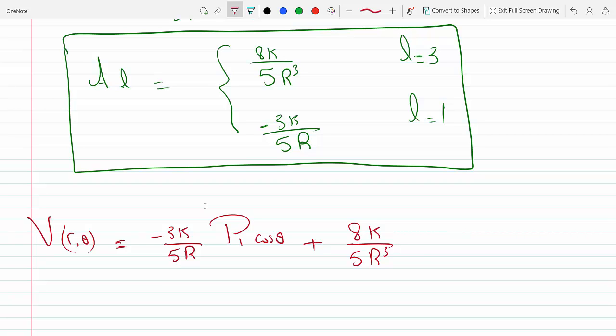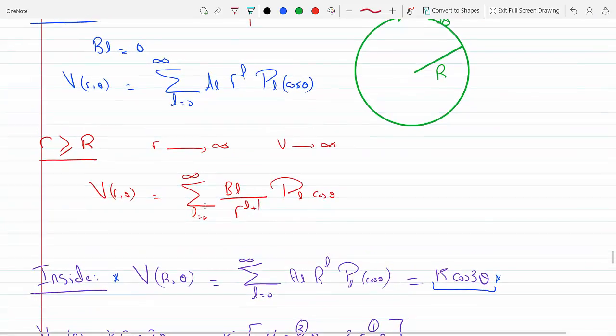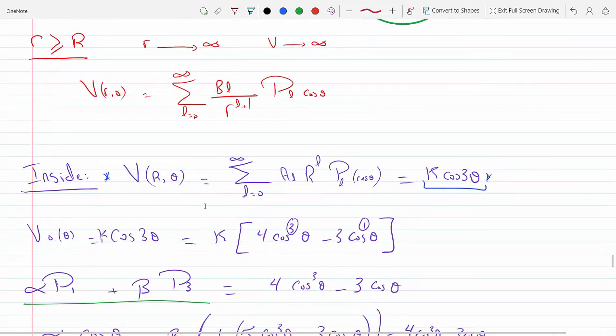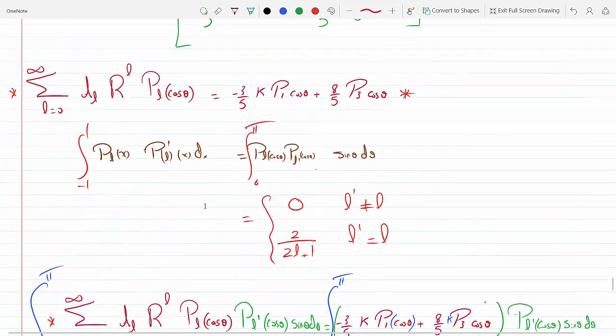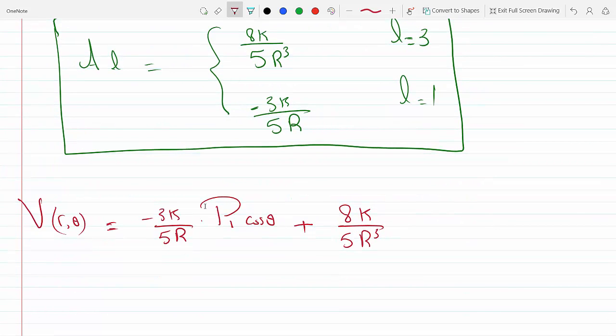And then we had outside, wait 1 second, we had r to the L. So that's r, right? I think I forgot an r here. Yeah, because this is r to the 1, right? Yeah, I forgot a small r here. Of course, this depends on how far you are from the center, right? Plus times here, it's an r to the L, which is r cubed, because L is 3, P3 cosine theta.